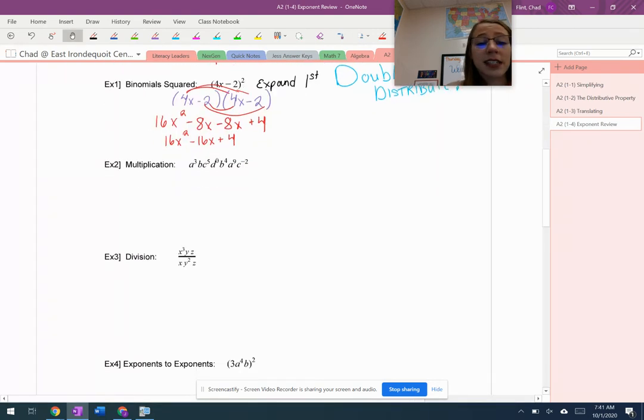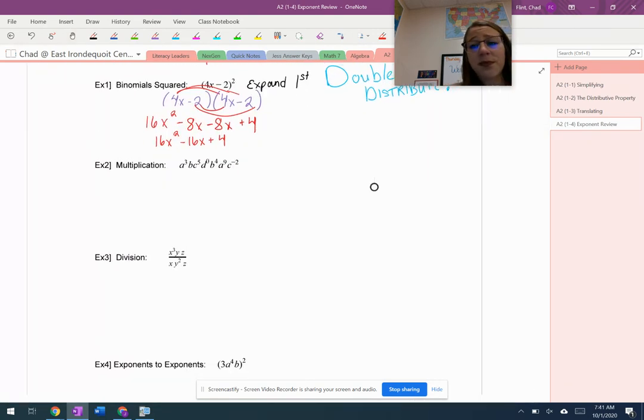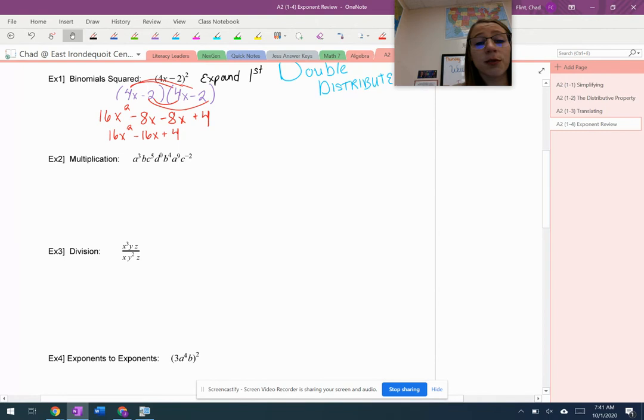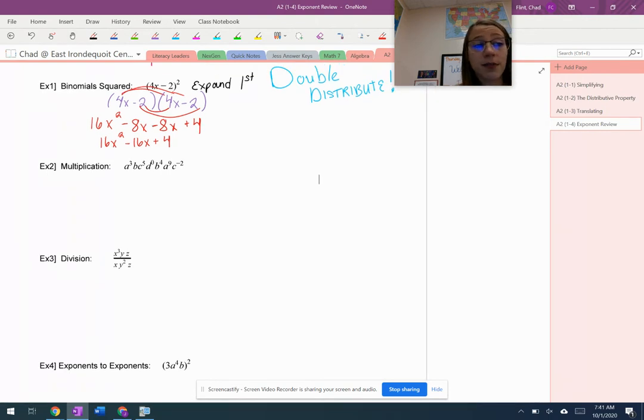In our second example, we're looking at a slightly different rule when we're dealing with multiplication. Remember, when you've got those multiplications, you need to make sure that your bases are the same.